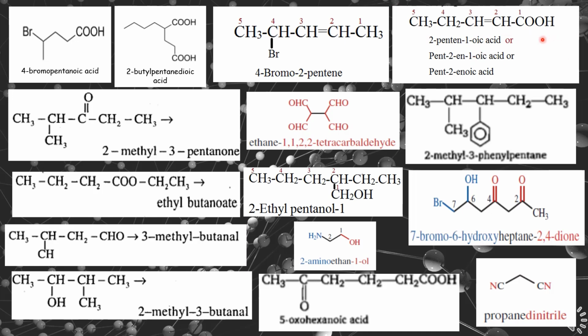If we are considering the carbon from the principal functional group, we use oic acid as the suffix, and the total number of carbon atoms is written. So here at position 2 a double bond is present, so the name will be 2-pentene-1-oic acid. Otherwise, if we want to consider it as a carboxylic acid, it will be but-2-ene carboxylic acid.